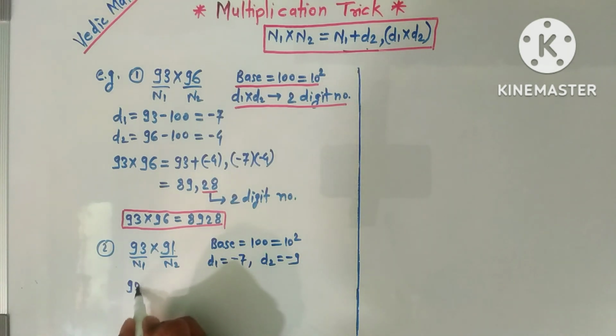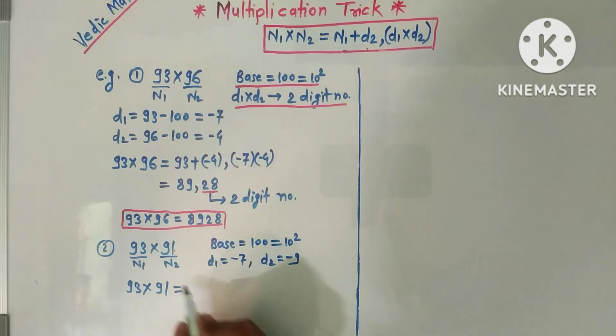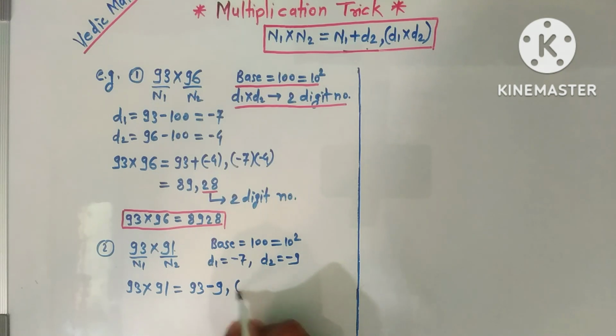So according to the formula, 93 into 91 is equal to 93 minus 9, comma minus 7 into minus 9. So 93 minus 9, what is the answer? 84, comma minus 7 into minus 9, 63.